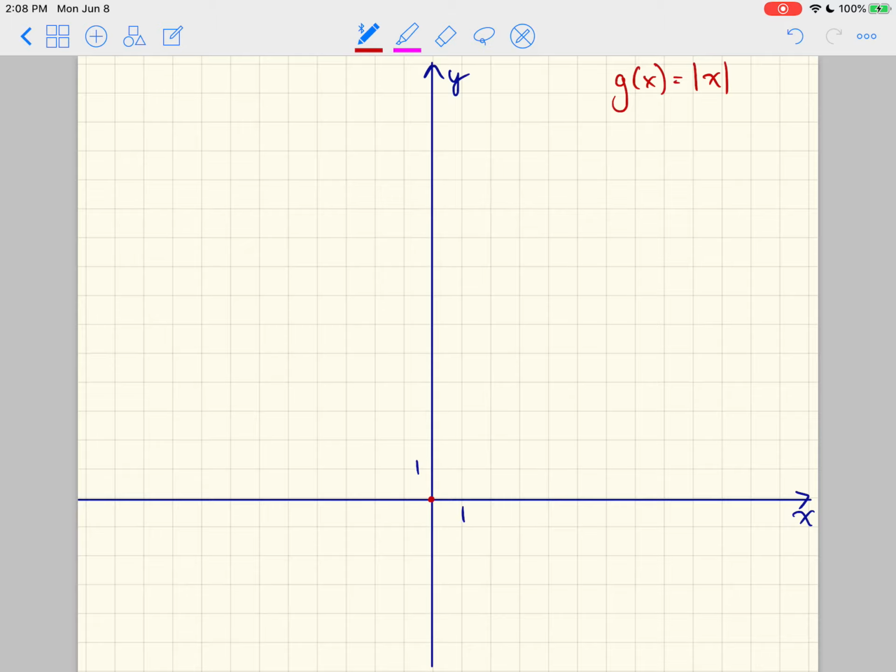It starts at 0, 0, and the pattern is we go up 1, out 1, up 1, out 1, and that's going to continue in both directions forever.